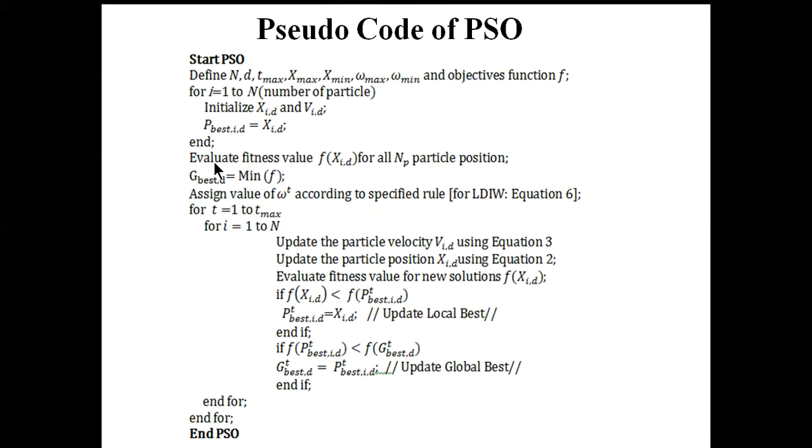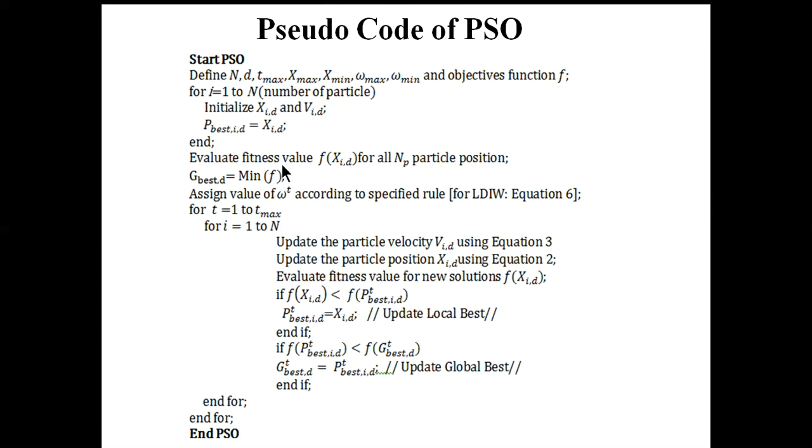Clear? So what we have done here: initially we define the random position and random velocity. For each position we calculate the corresponding fitness value. Now for all those fitness values we find the minimum fitness value.